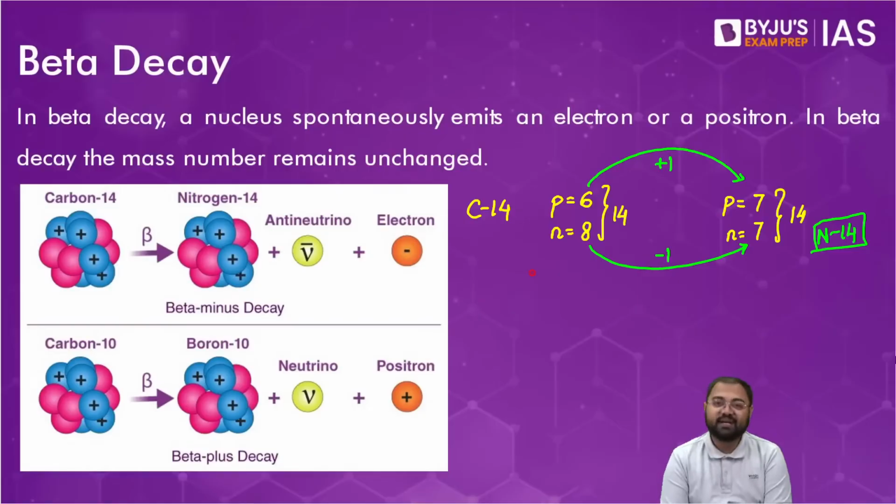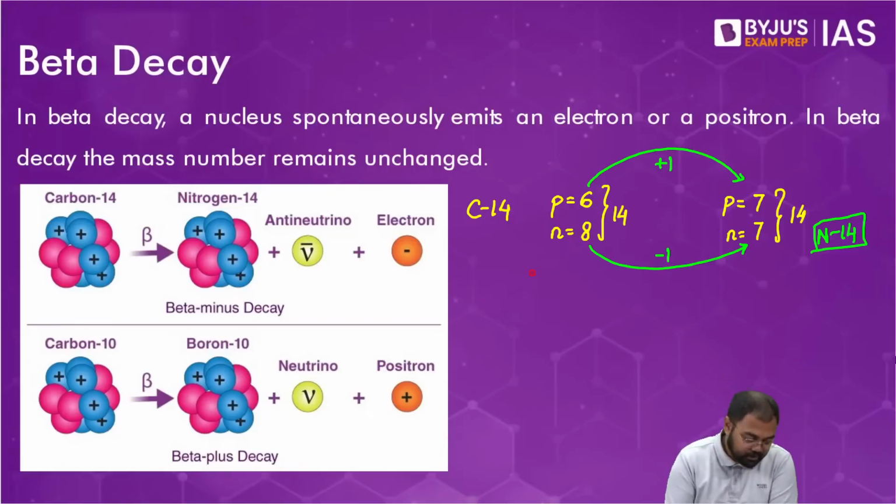Something happens inside this nucleus, and that's the conversion of a neutron into a proton. So the number of neutrons is decreasing by 1 and the number of protons is increasing by 1. There is a nuclear rearrangement inside the nucleus, and that leads to this kind of change.